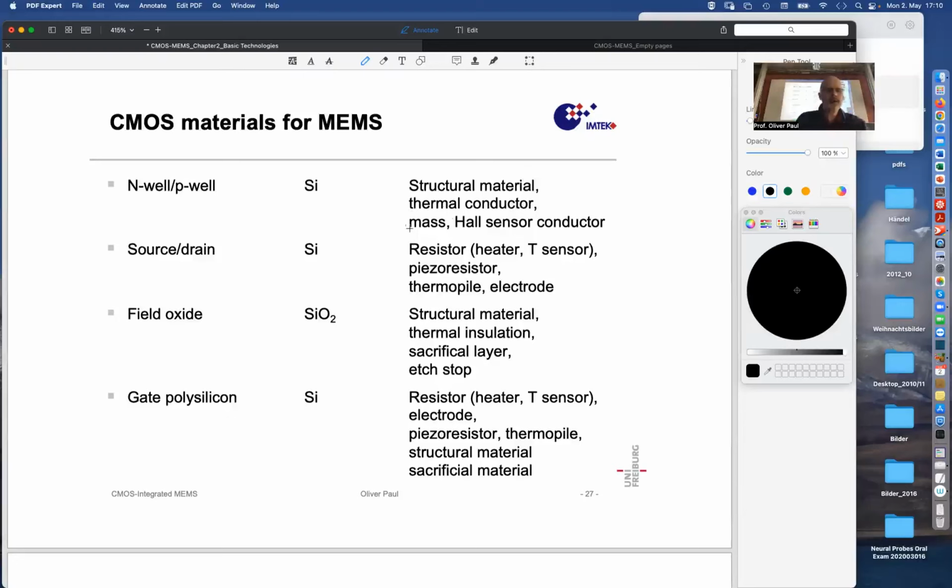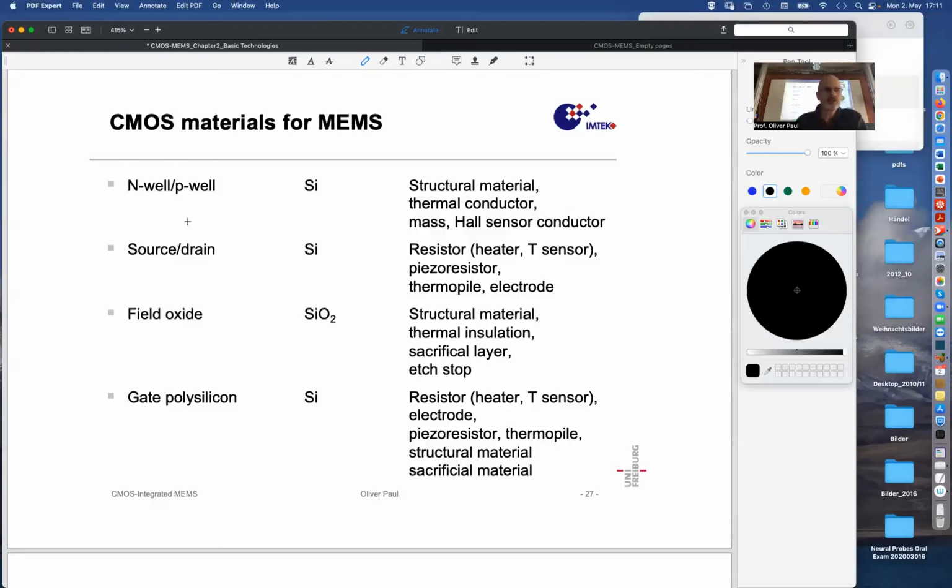But it is massive, so mechanical structure can be produced, and also an N well is a very good Hall sensor conductor. The N-type carriers, the electrons, have a high mobility, and that is what is needed for a Hall sensor, much better than the positive carriers, the holes, which have about a third as high mobility.